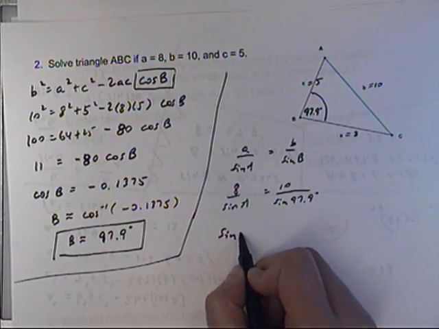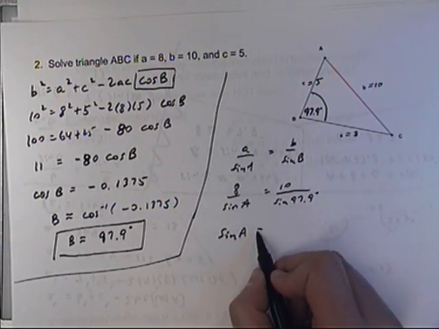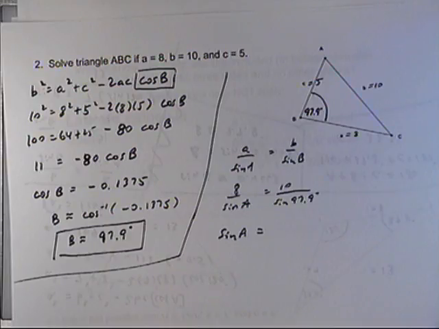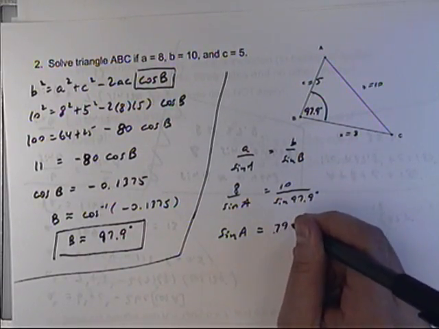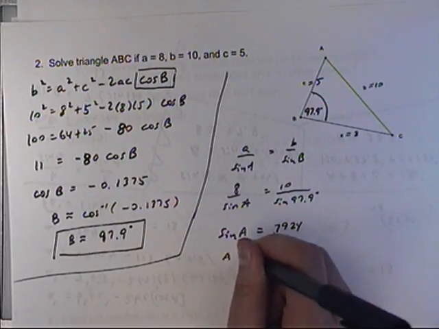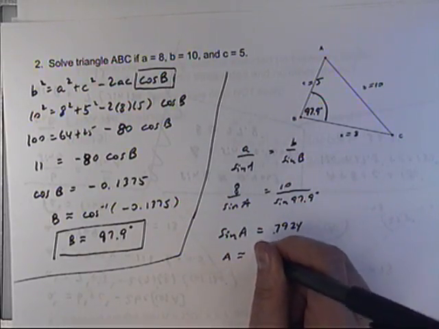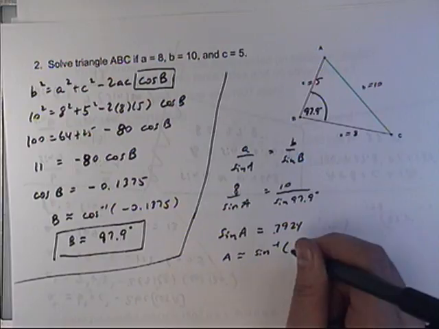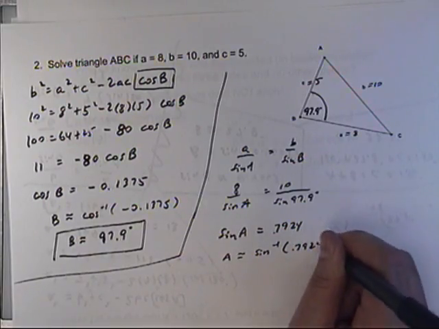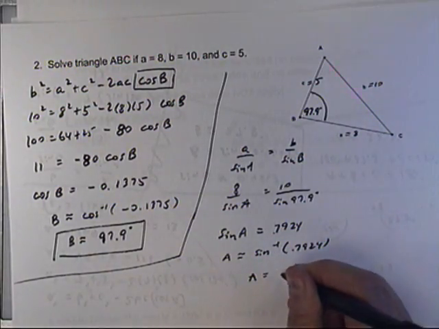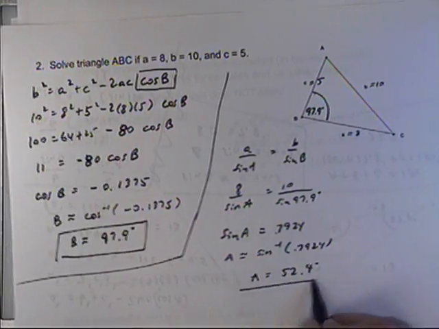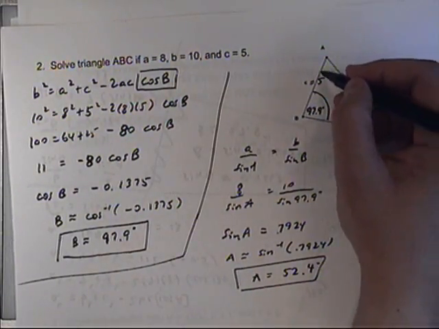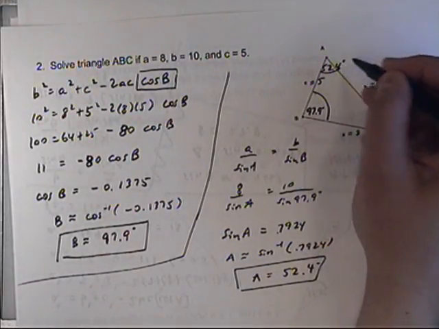So the sine of a, once I cross multiply here and divide by 10, would be approximately 0.7924. So a equals sine inverse of 0.7924. And a would have to be an acute angle, and the angle that the calculator gives me is 52.4 degrees, which is an acute angle, which works.